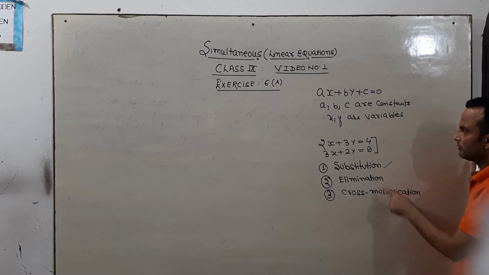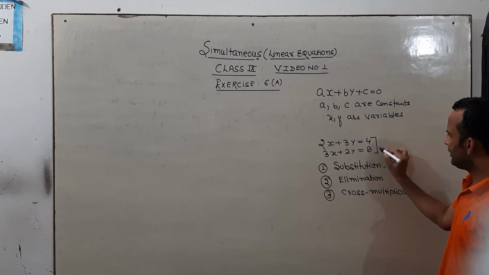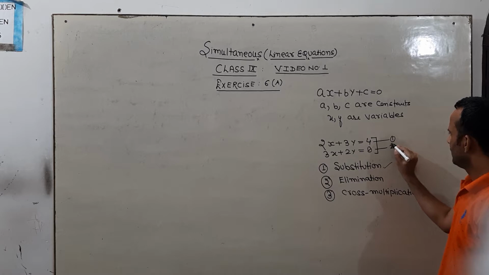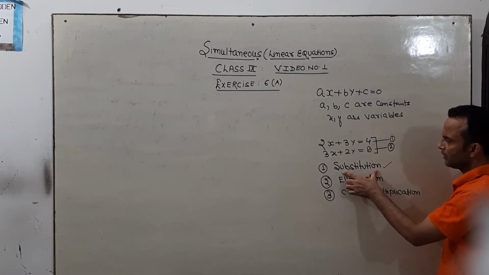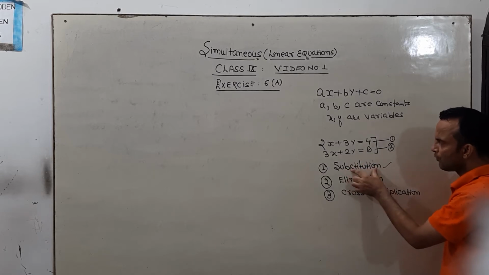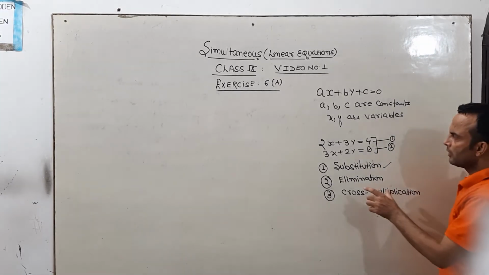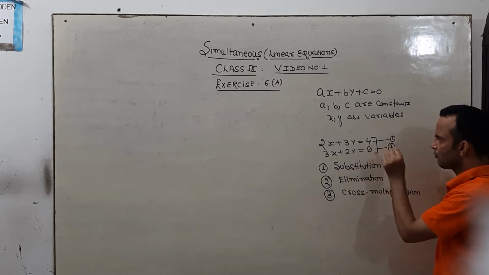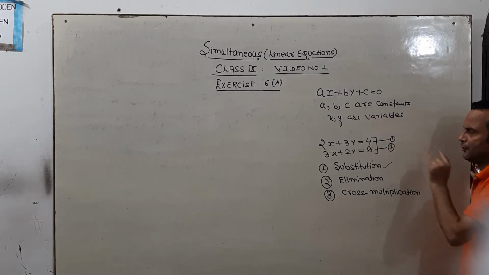What is the substitution method? If this is the simultaneous linear equation, then consider this is first, this is second. My dear students, in the substitution method, find out the value of any variable, either x or y, from either the first equation or the second equation.